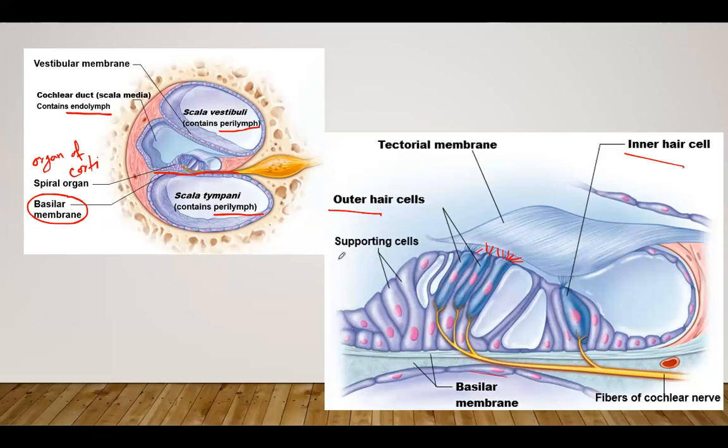So, basilar membrane, right below it would be your scala tympani. This space that I'm showing you is your cochlear duct or your scala media. Within that, you have the hair cells, two categories, outer and inner, and these hair cells are firmly attached to what we identify as the tectorial membrane.